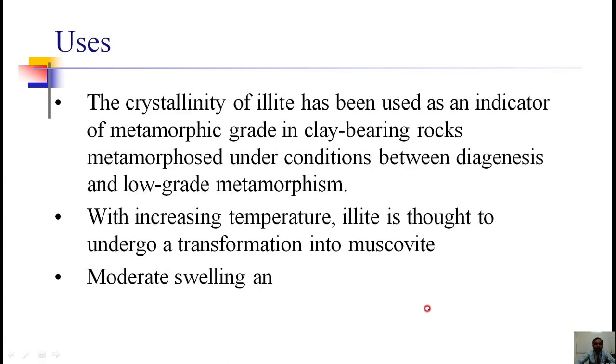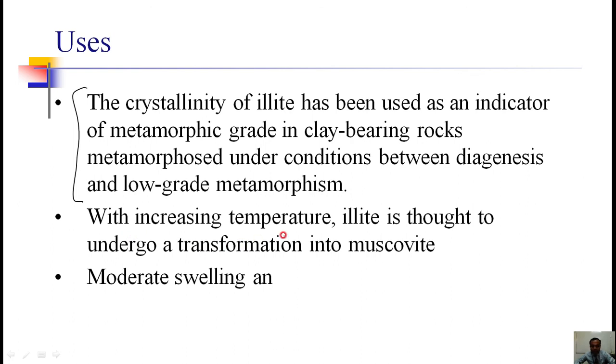Okay, the uses: the crystallinity of illite has been used as an indicator of metamorphic grade in clay-bearing rocks metamorphosed under conditions between diagenesis and low-grade metamorphism. This is very useful.